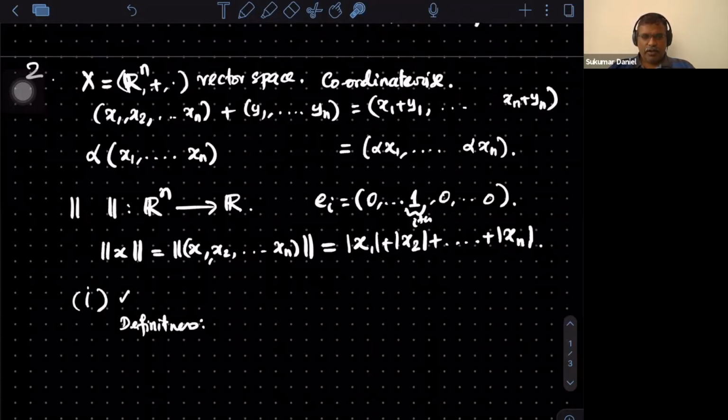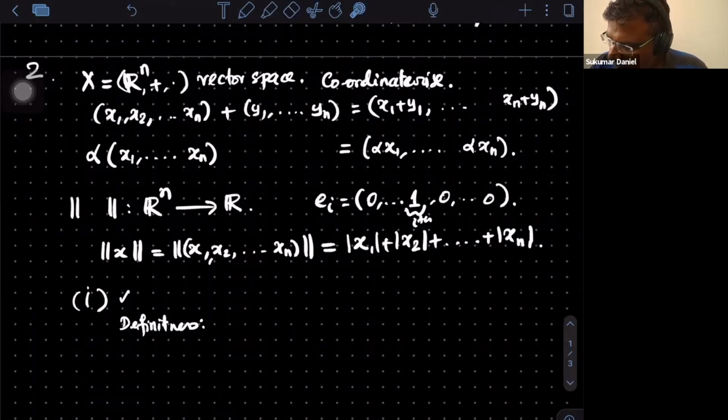And so you get for all i from 1 to n, mod of xi will be 0. But again, go back to the fact that if mod xi is 0, we have to conclude xi has to be 0. But mod xi is by definition the maximum of xi or minus xi. If that is given to be 0, it has to be 0 because x is less than or equal to 0, minus x is also less than or equal to 0, and the law of trichotomy concludes that x has to be 0.